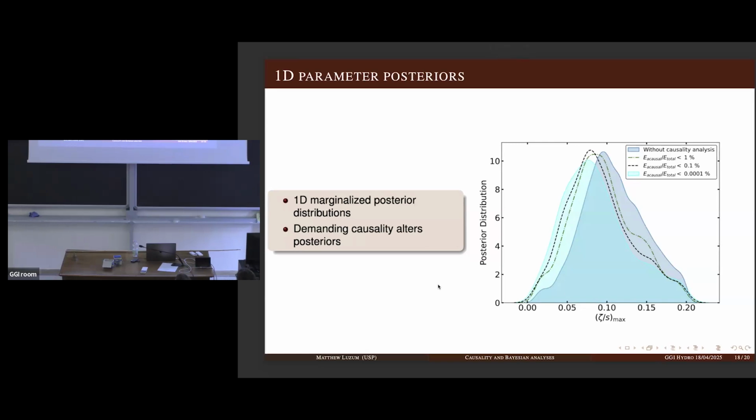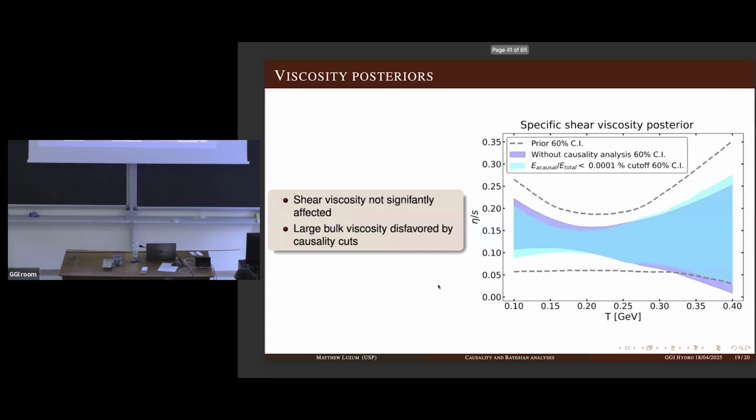As far as things that actually matter physically, here's the maximum value of this Cauchy distribution for the bulk viscosity versus temperature, which actually gets shifted a bit to smaller values if you put these causality cuts on.